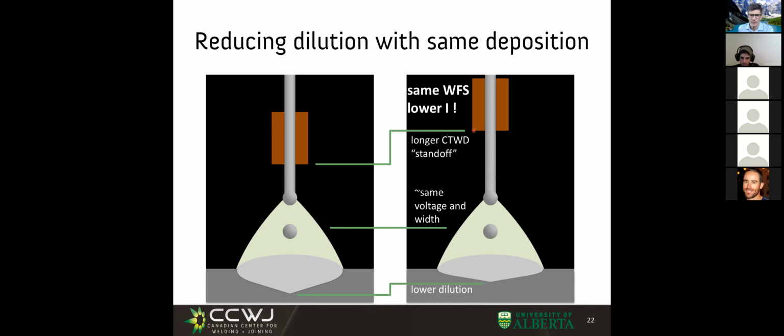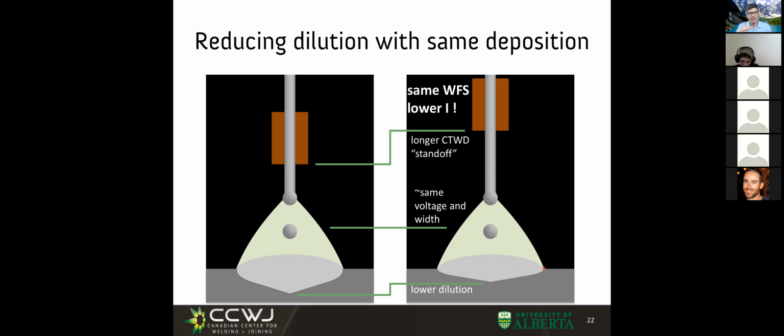If the torch now is higher, and let's say the voltage is more or less the same, then the arc is more or less the same length. We can calculate it a lot better, but more or less, if the voltage is the same, the arc is the same. We're going to have the same bead width, because we know that the width of the arc depended on the length of the arc.